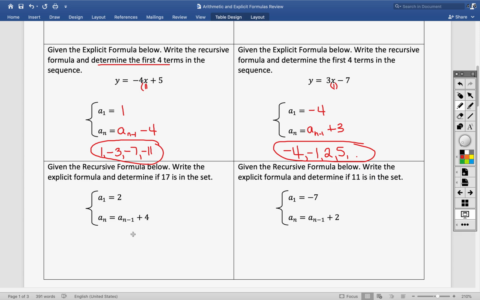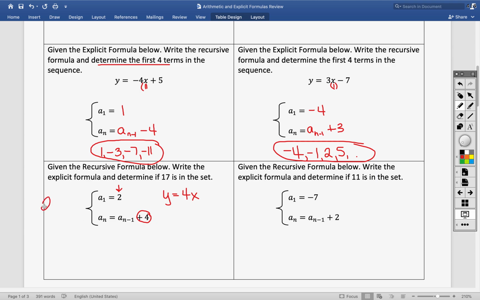Okay, for the last one, again, you're just going to write the equation. So to write the equation, y equals m is the plus 4. So 4x, and as a reminder, to find the b, you take the first number and you subtract the slope, or the common difference.